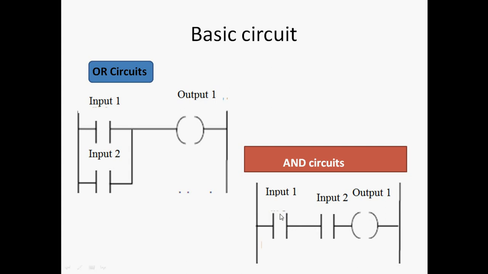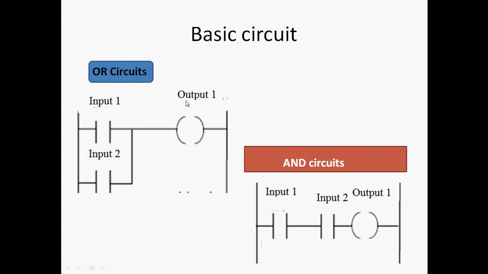Both must be on, and only then should output 1 be on. So if input 1 and input 2 are on, output 1 should be on. If input 1 is off and input 2 is on, then output 1 should be off. Always remember that only when both inputs are on is output 1 on. So this is the AND circuit.